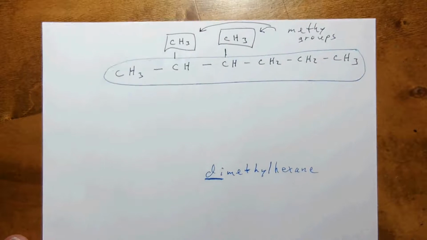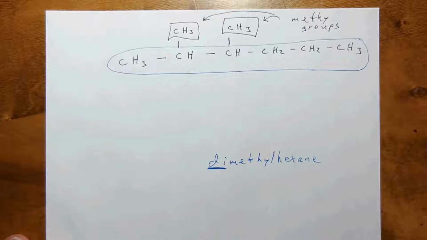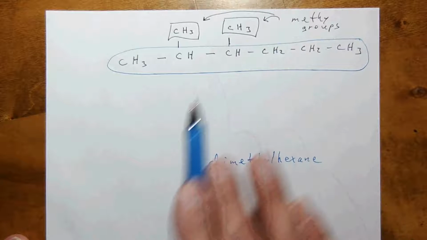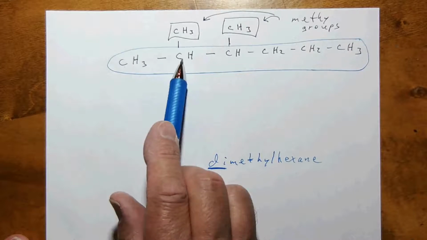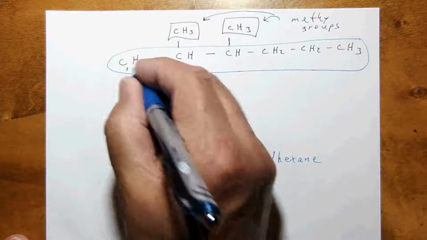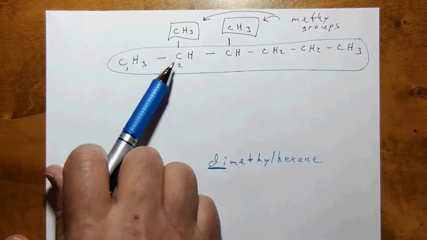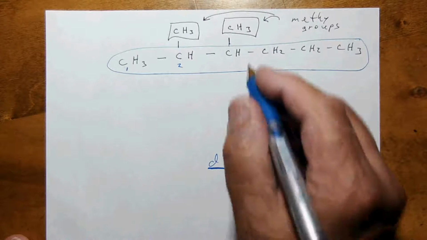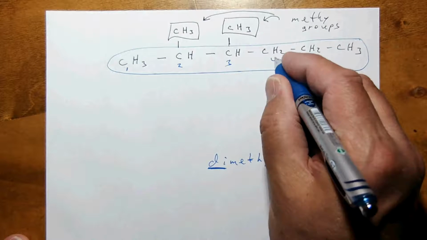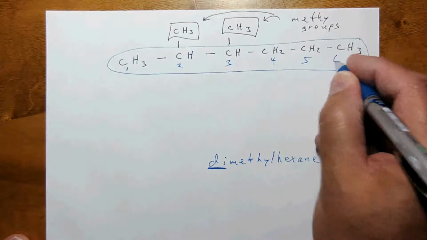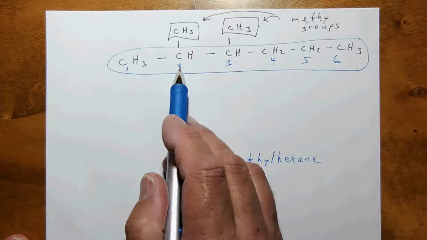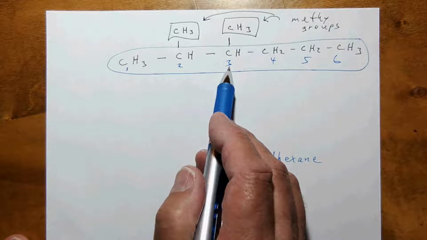But of course we have to say exactly where those methyl groups are located. Do I number the chain 1, 2, 3, 4, or should I go this way? 1, 2. Oh, I'll go that way, because that way the first branch point, the first appearance of a group, gets the lowest possible number. 3, 4, 5, 6. So it's not just dimethylhexane, it is 2,3-dimethylhexane.